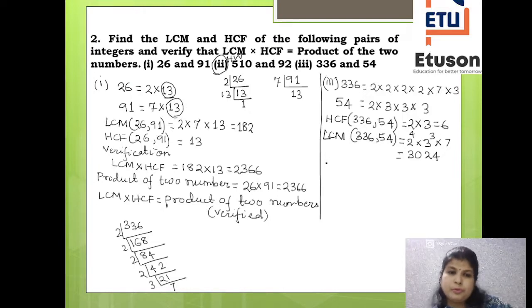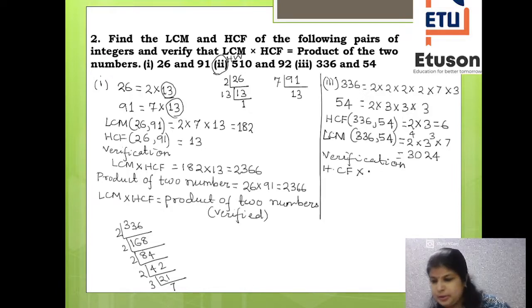Now you have to go for the verification. What are you going to verify? You are going to find the product of HCF and LCM. So HCF is 6 into 3024. Correct? Are you able to understand or not?